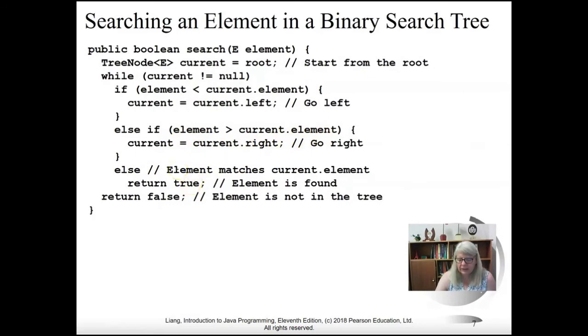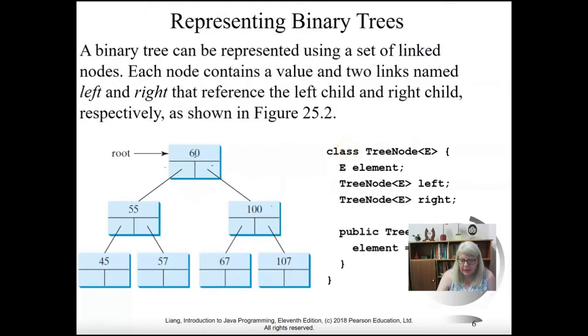So let's just go back to this slide and see that this is left and this is right. So current starts with root. Current dot element is the 60, and root dot element is also that 60.